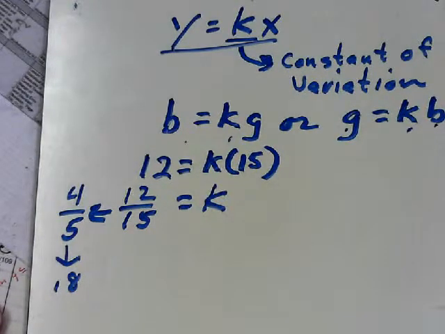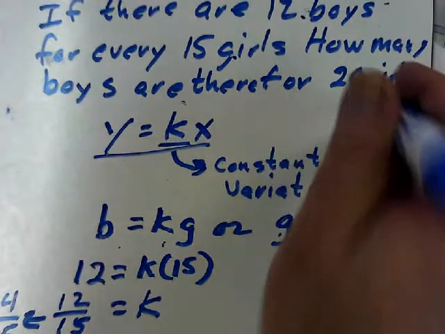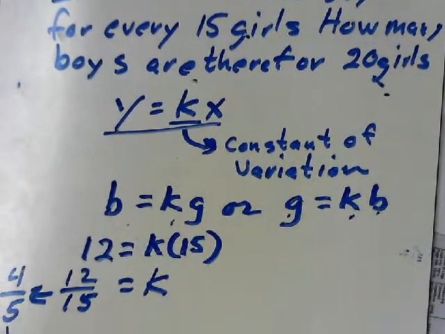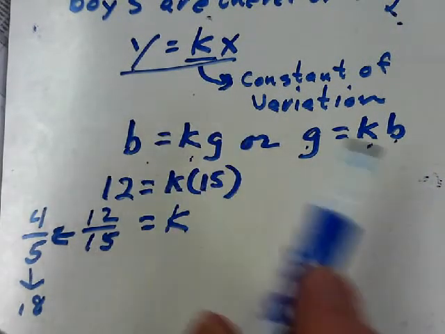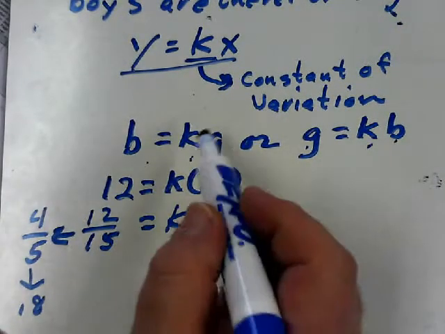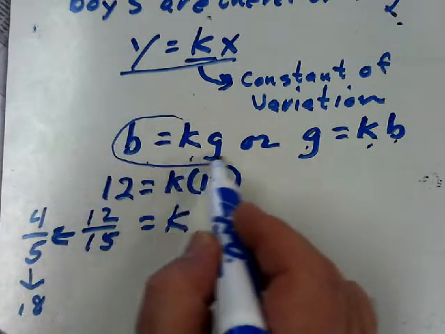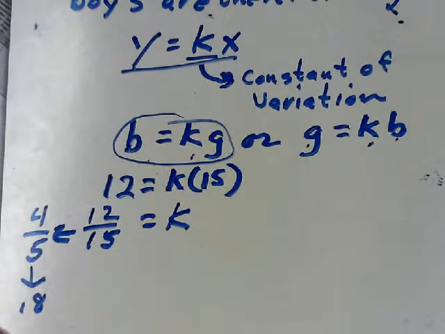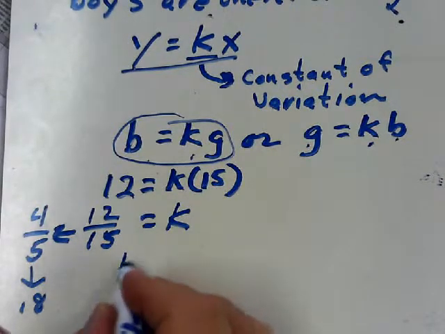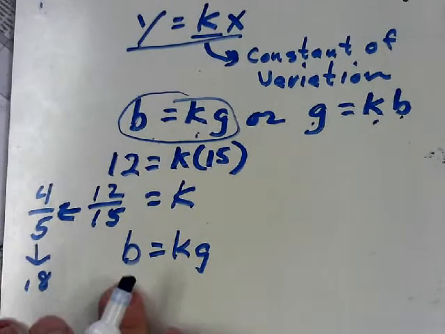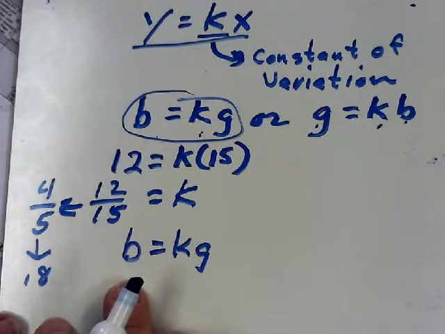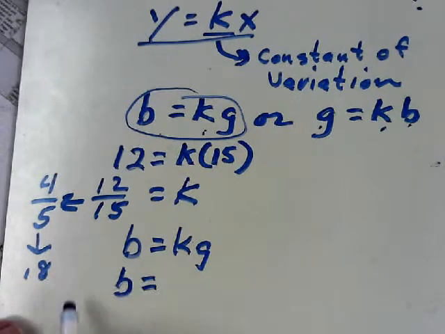Okay, well, how can I find it if there are 20 girls? I started out with this particular formula, didn't I? B equals KG. Reuse that same formula and put in the new numbers that you know. So I'm going to use B equals KG again. This time I don't know the boys, do I? No, so B equals K times G. Do I know the K?